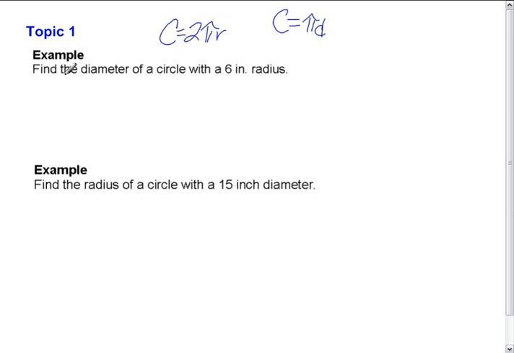But what we're looking for is the relationship between the diameter and the radius. And if we think back to what we just talked about, given a circle, the difference between the radius and the diameter: the diameter is twice as long as the radius. 2 times the radius is equal to the diameter.